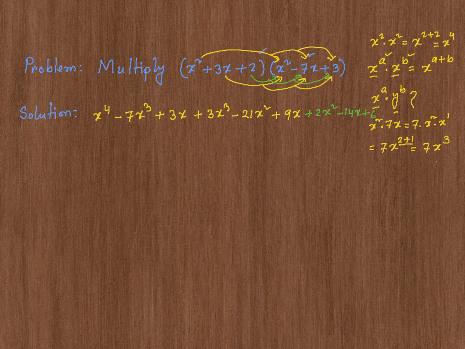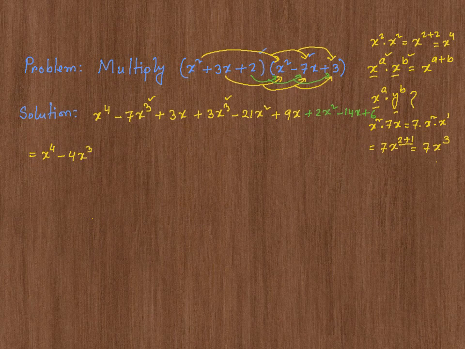Now let me go ahead and combine the like terms in this calculation. So x to the power 4, I'm just going to write it here, x to the power 4, that's the highest power. Then x cubed, so let's combine the x cubes. Negative 7x cubed plus 3x cubed is negative 4x cubed.